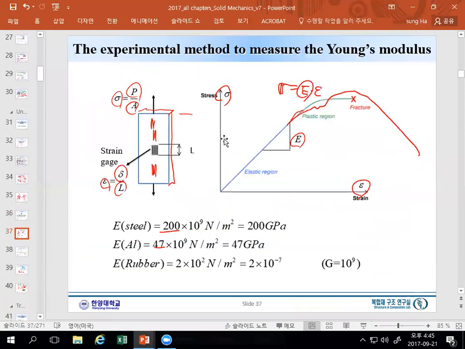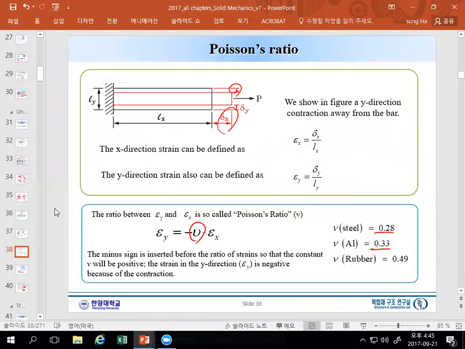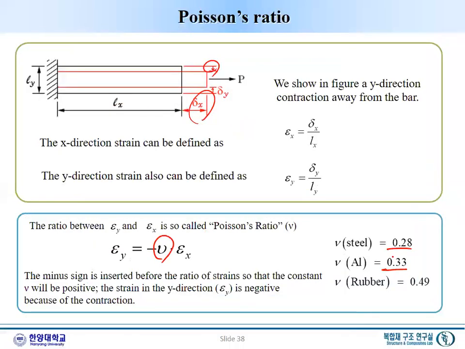Now, this is how we measure, and another very important material property is Poisson's ratio. What is Poisson's ratio? You need to pay attention. I will quickly jump to 3D from this.